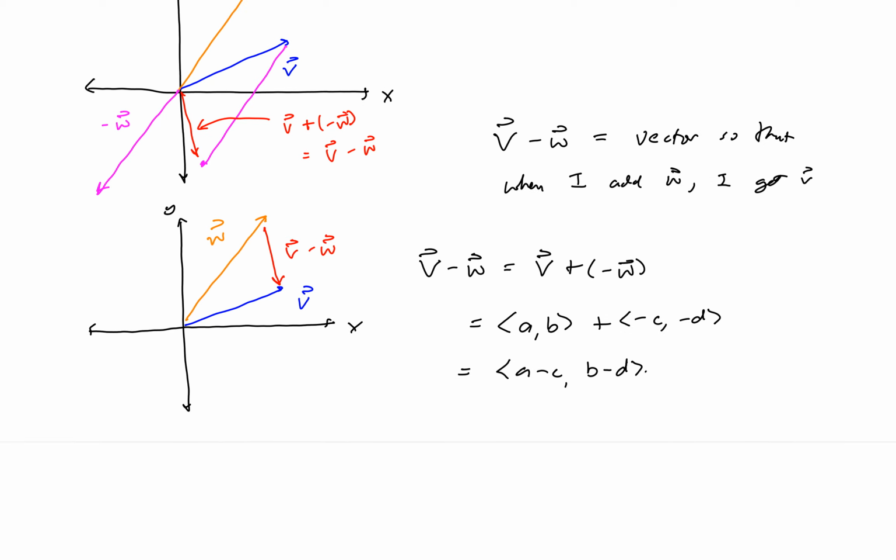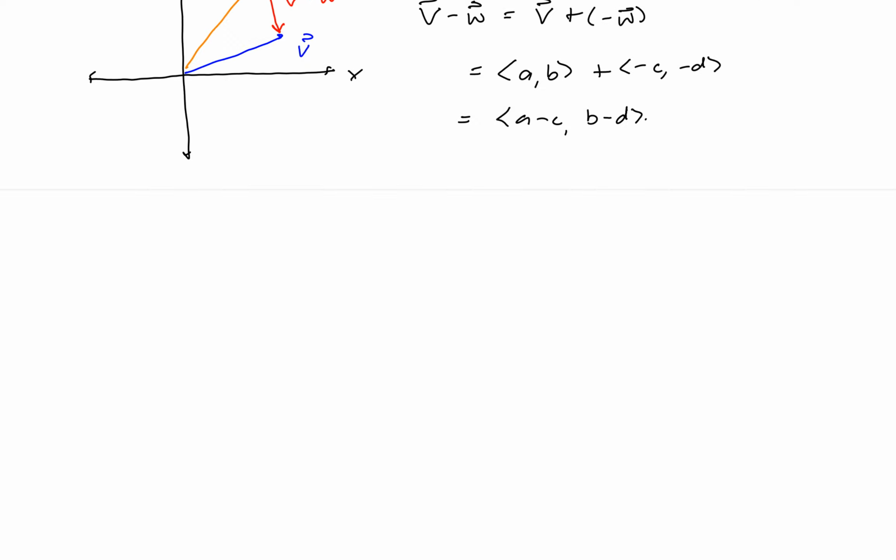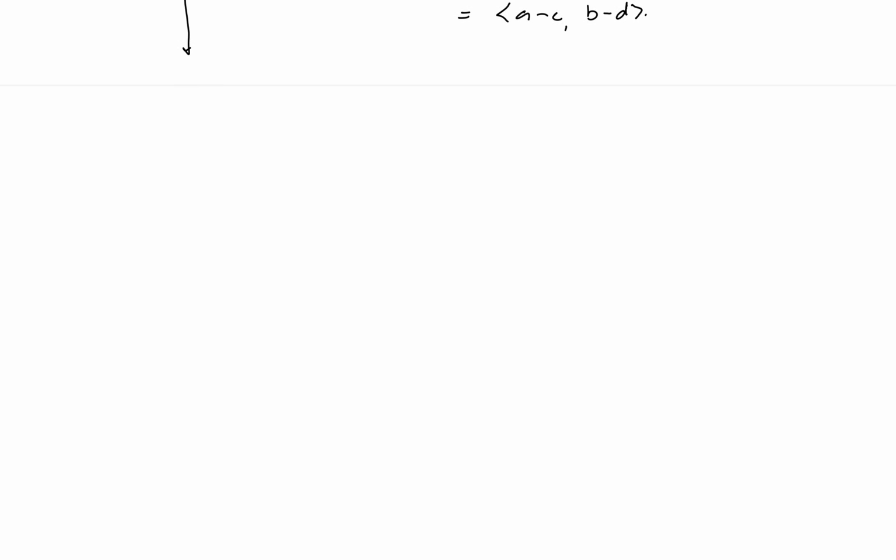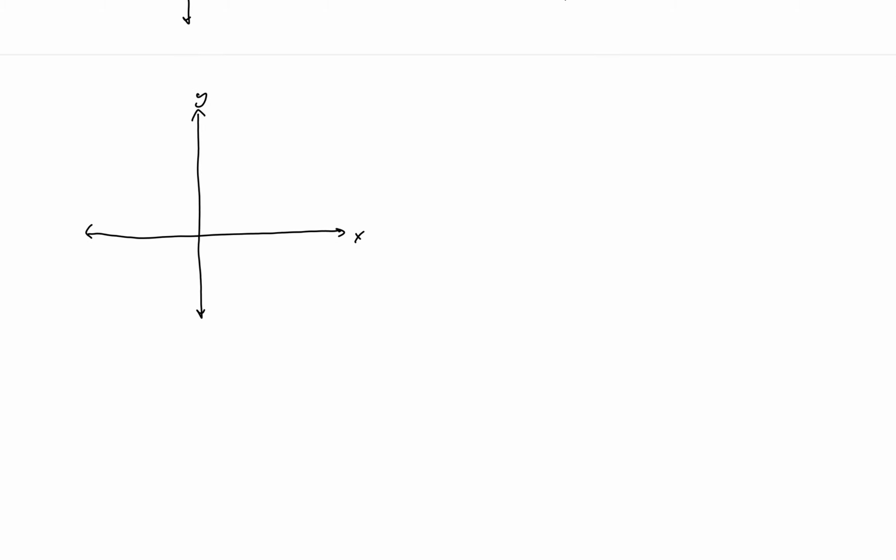Okay, so I also mentioned the magnitude of the vectors above, and so we can also write the magnitude. If we have the vector in terms of coordinates, we can do the magnitude in terms of the coordinates as well. So if I have my vector v here, and suppose v is (a, b) again, so that means this distance here is a, this distance here is b.